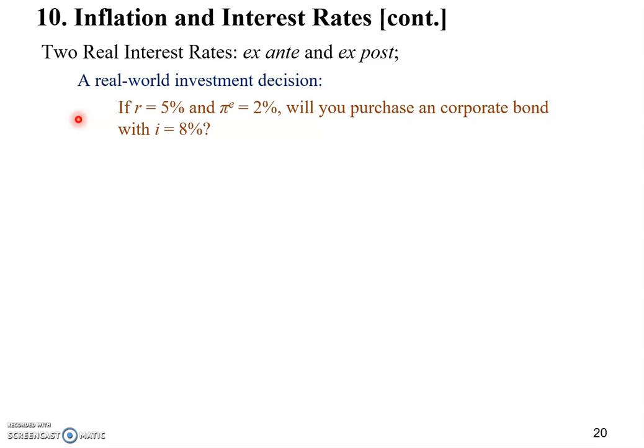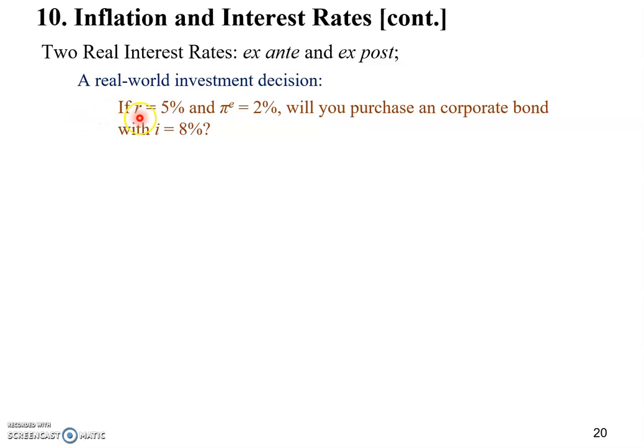Now, the ex ante real interest rate, in reality, you can look at the other options you have. For example, here we're talking about purchasing a corporate bond, right? In reality, you could have other options like stocks you could buy or treasury bonds, or even other investments like real estate, and how much return you could get.